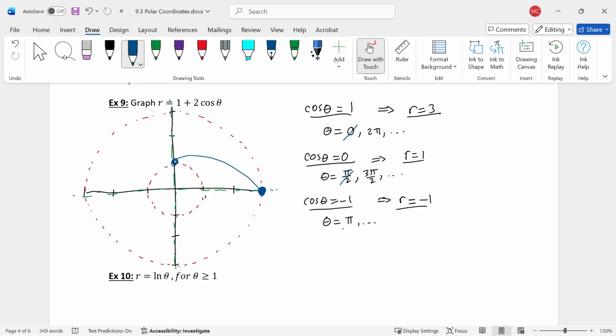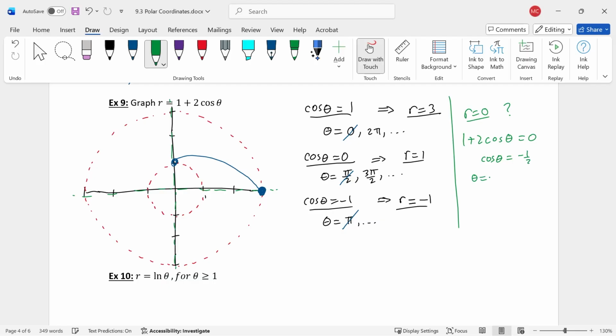Now, when theta is pi, I get negative 1 for cosine. That actually suggests that I might want one other angle figured out here. If I'm going from a radius of 1 to a radius of negative 1, I might want to do the extra work to figure out where r is 0. Since it didn't come up in those standard angles, we can solve for it. So that gives me cosine of theta is negative 1/2.